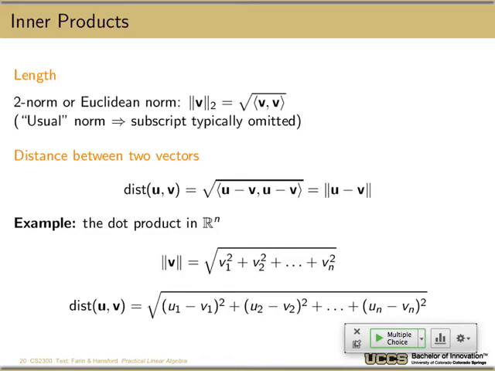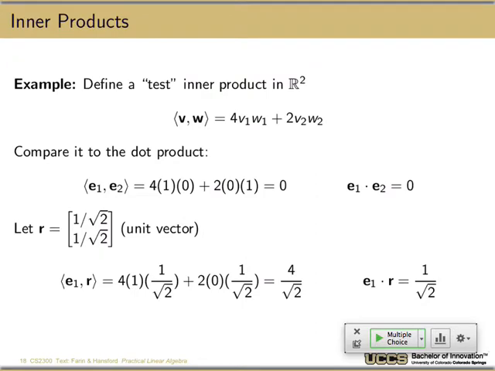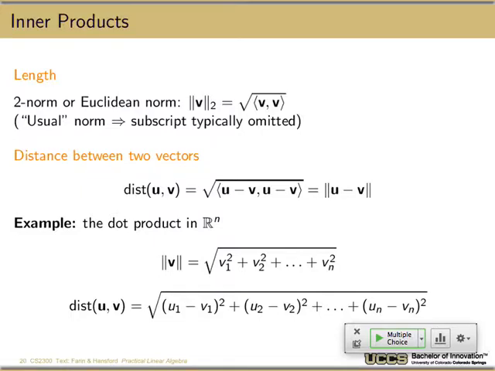Because I can have the same dimensional space and have multiple inner products on it. As we just saw here, this is an inner product in R2. If I use this inner product and ask what's the norm of a matrix, I will get a very different answer. It's just a different norm because I used a different inner product.